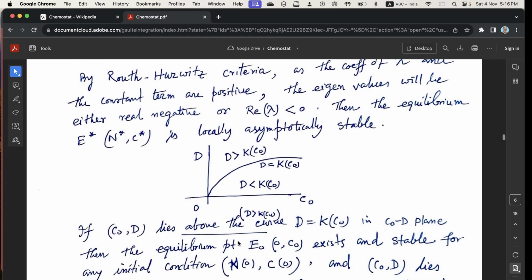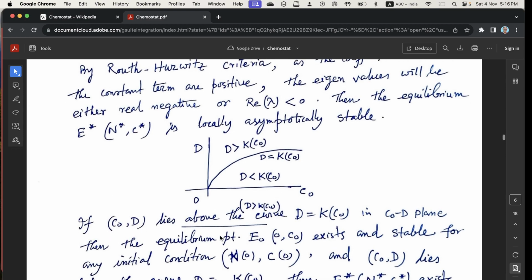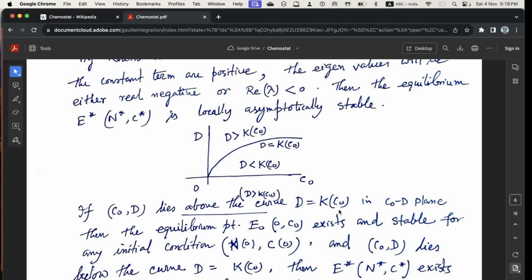So in the C0-D plane, plot this. We draw the curve D equals K(C0). If (C0, D) lies above the curve D equals K(C0) in the C0-D plane, then equilibrium point E0 exists and is stable for any initial condition (N0, C0).